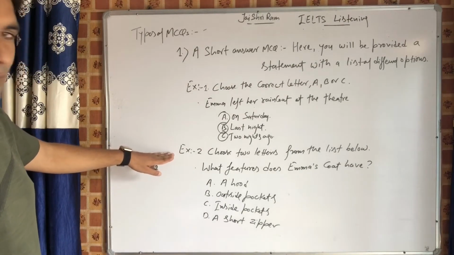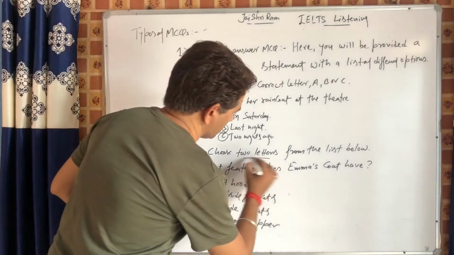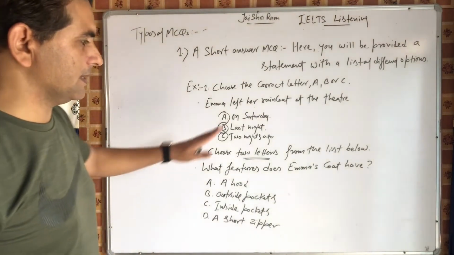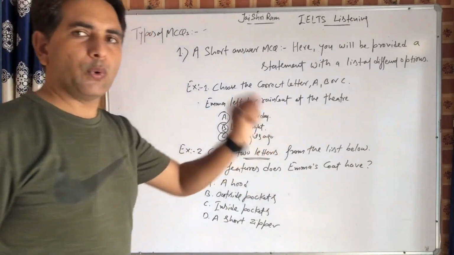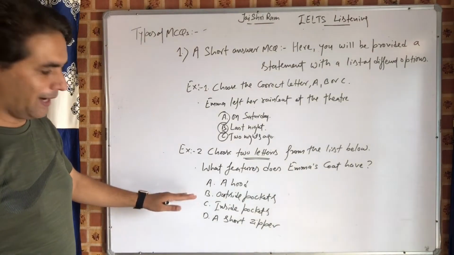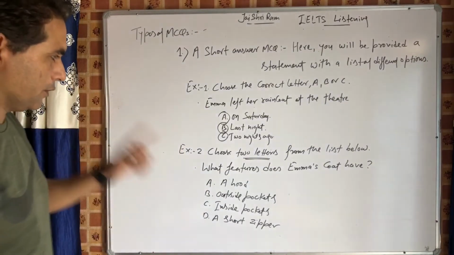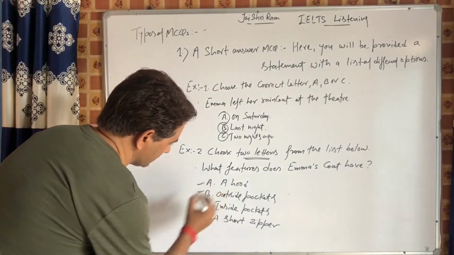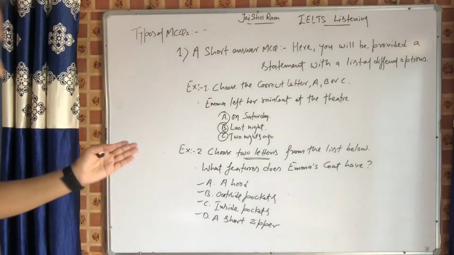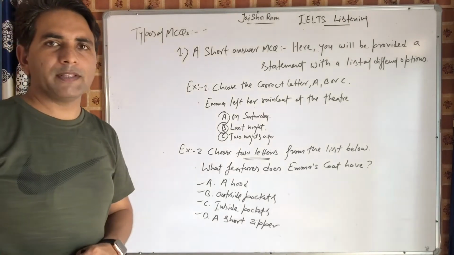And the second one is choose 2 letters, and here you need to choose 2 letters from the list below. You can see here: what features does Emma's coat have? And you can see some options: a hood, outside pockets, inside pockets, and a short zipper. So here you need to choose two letters, maybe A or B, or maybe B or C, or maybe C or D. It depends on the information.